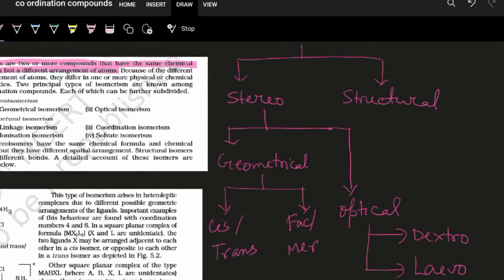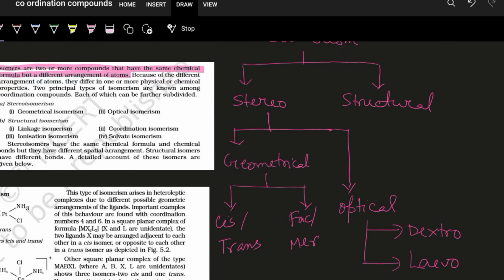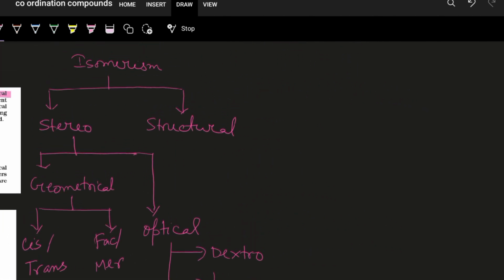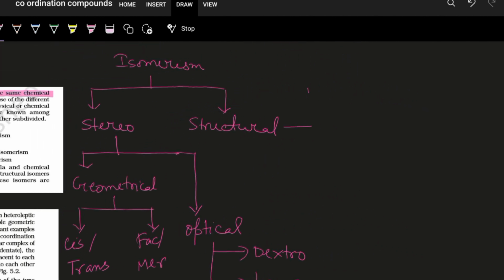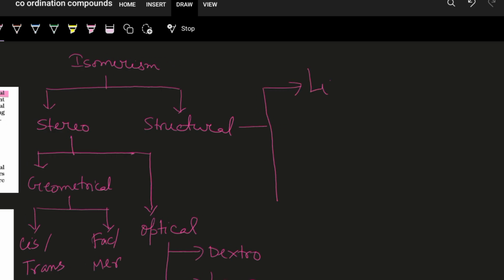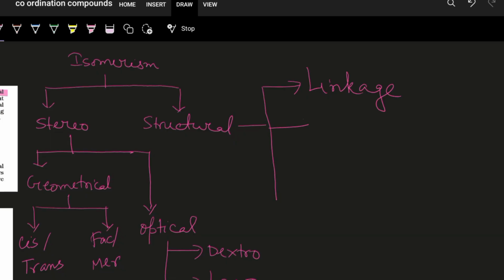Structural isomerism can arise due to a different representation of the formula or structure. They can be linkage isomer, coordination isomer, ionization isomer, and solvate isomer. Linkage isomer generally arises in ambidentate ligands.